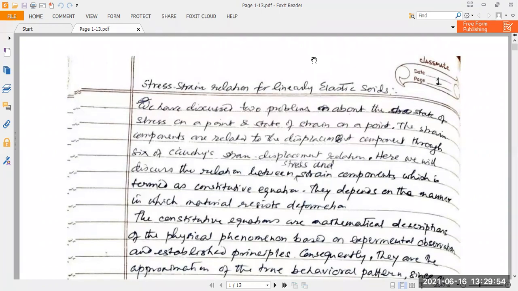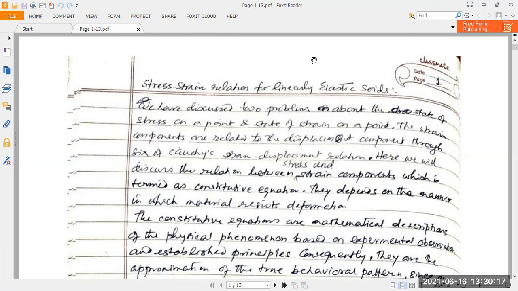Now, how will you do this? The question is like this. The strain components are related to displacement; whatever the displacement per unit length is, that is the definition of strain. It may be average or at a point, but the definition remains the same.